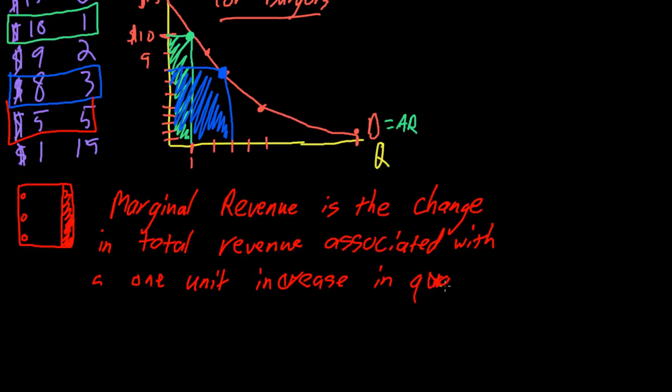Sorry, my little pen tool is kind of messing up here. With a 1 unit increase in quantity. And another way of thinking of it that makes more sense to me is just calling it incremental revenue.